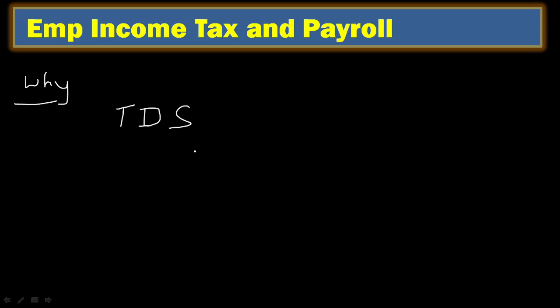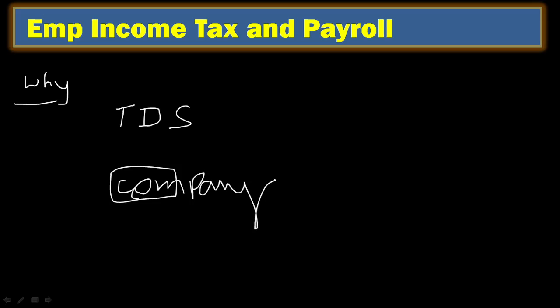Now let us understand what is payroll. Payroll is salary. When you work for a company, the company has to pay the salary to you. The people who work in the company are employees, and the employee will get the salary.